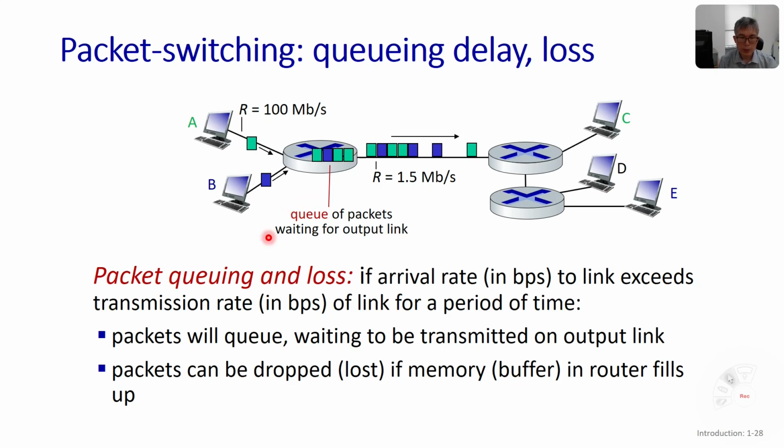If the arrival rate in bps to a link exceeds the transmission rate in bps of the link for a period of time, packets will queue waiting to be transmitted on the output link, or packets can be dropped and lost if there is no available memory for the packet. The memory in the router fills up.